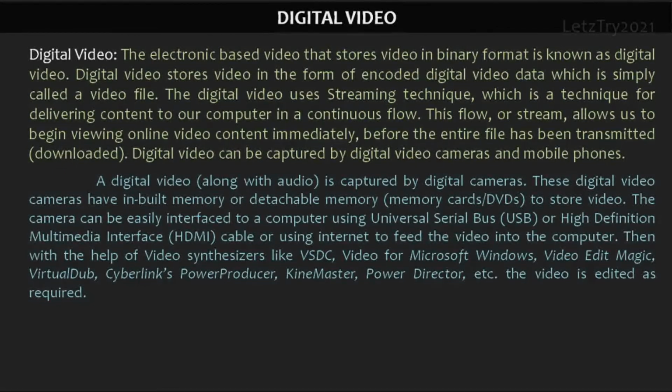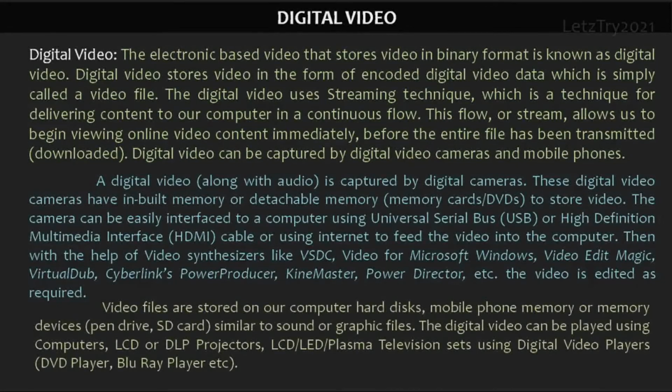Then with the help of video synthesizers like Video for Microsoft Windows, VSDC, Video Edit Magic, Virtual Dub, Cyberlink's Power Producer, KineMaster, Power Director, etc., the video is edited as required.